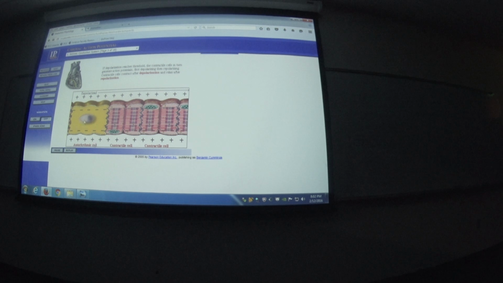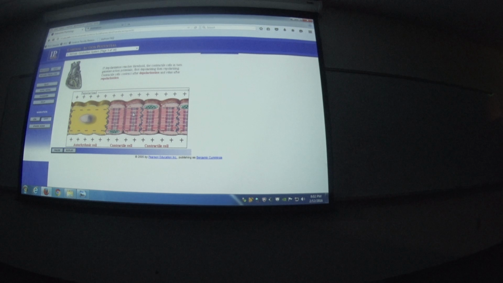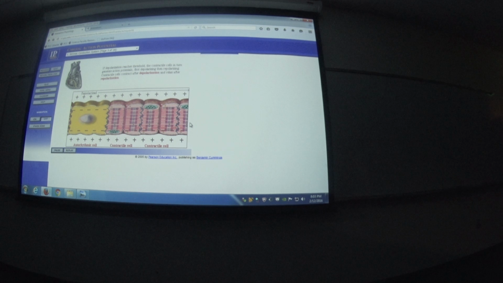So the autorhythmic cell goes first, it sets the order, and the contractile cells obey and contract. Right? So P, QRS, and T are here, systole, diastole are here. Does that make sense? So when you do an EKG, you're measuring the autorhythmic cells, what the neurons are doing, and hopefully the heart is following along.